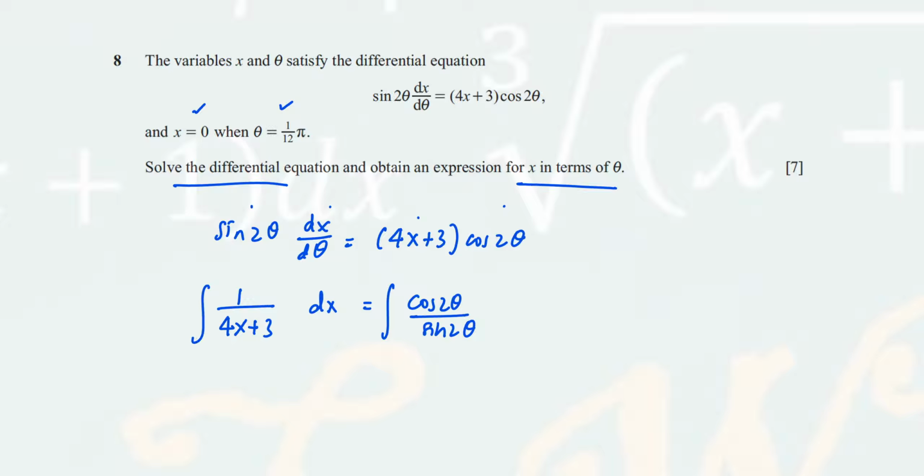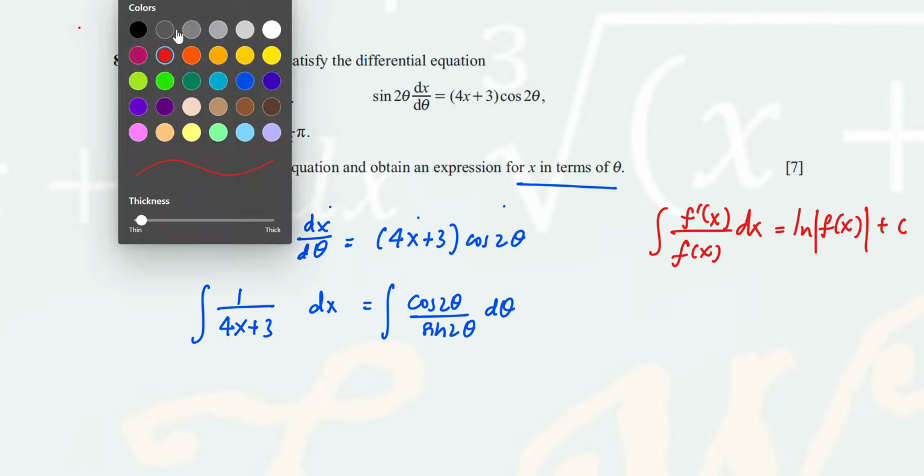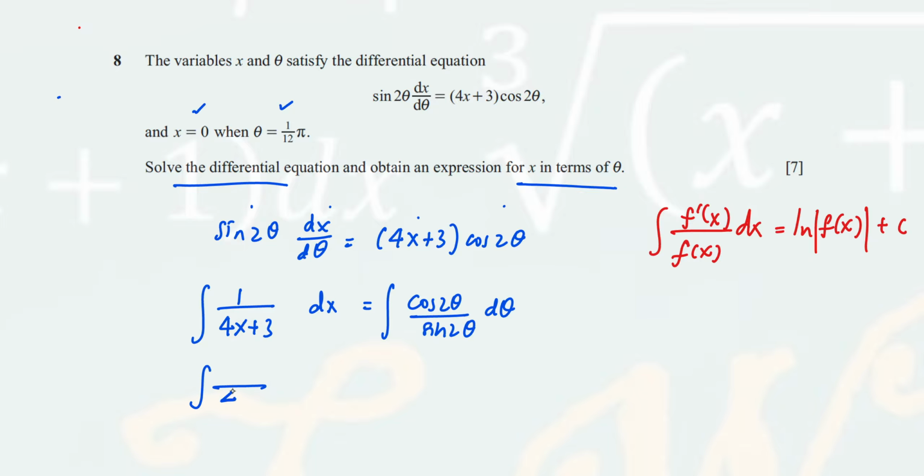Okay, so now for the left hand side, since it is a rational function and the 4x plus 3 has degree 1, I'm going to use the ln formula. The ln formula is: integrate f prime x over fx, this is going to be ln fx plus c. When I differentiate 4x plus 3, I should get 4. So to get back 1 from 4, I have to times 1 over 4 outside.